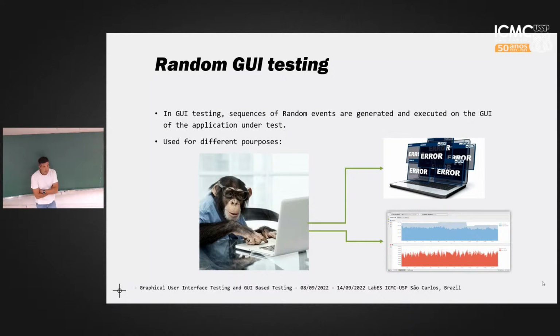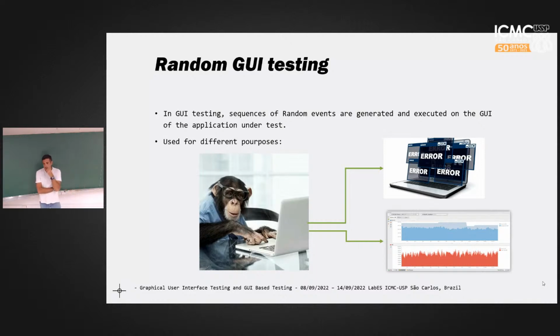Okay, guys. Now that we know more or less what random testing does: in random testing we generate random input values. We move to random GUI testing.